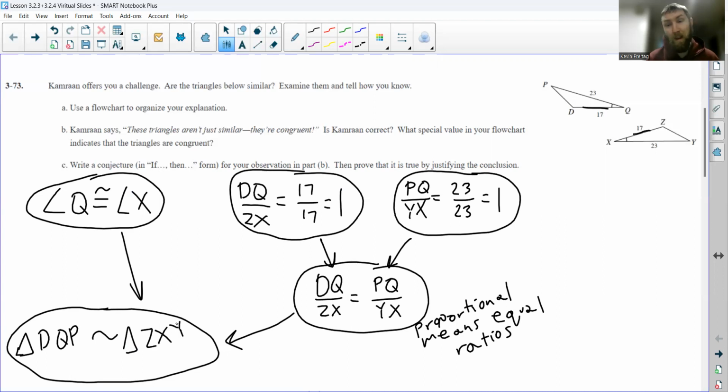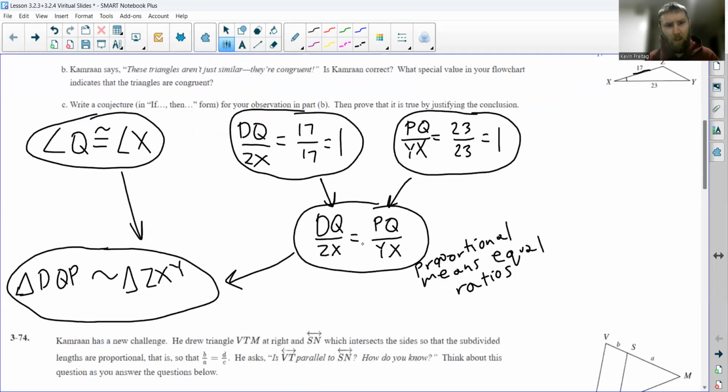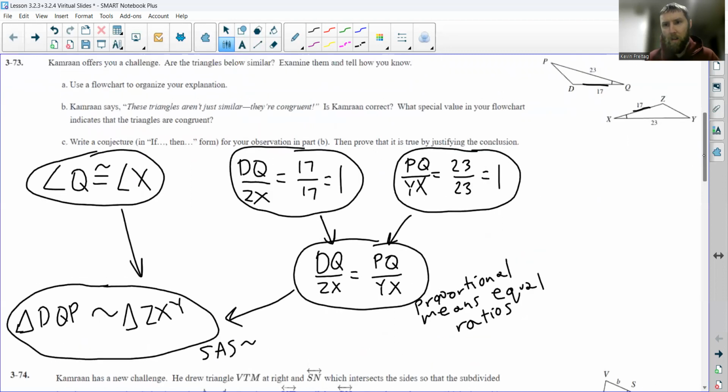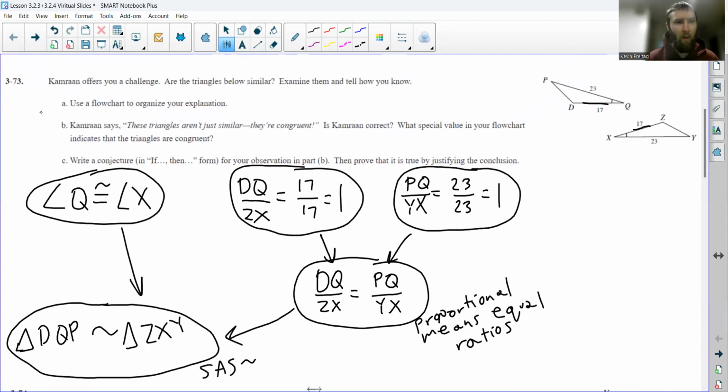And again, we have to make sure we match up our letters, right? So D is with Z, P is with Y, and Q is with X, right? And how do I know that's true? I know that's true because of the side-angle-side similarity shortcut.